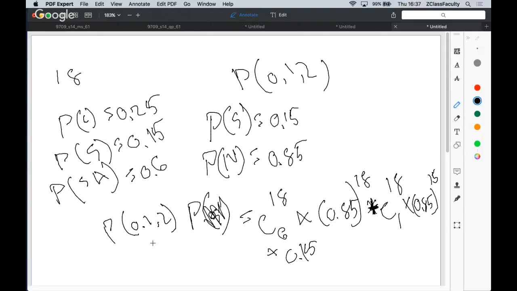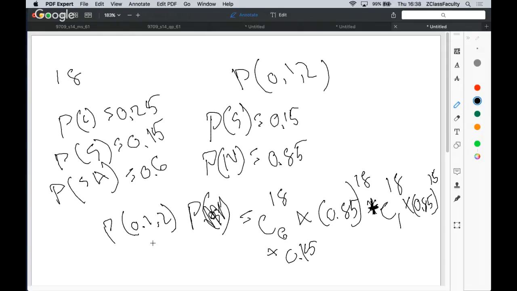P0 means the probability of you not investing in any of the small companies, right? So that's why you have the probability of 0.85 to the power of 18.